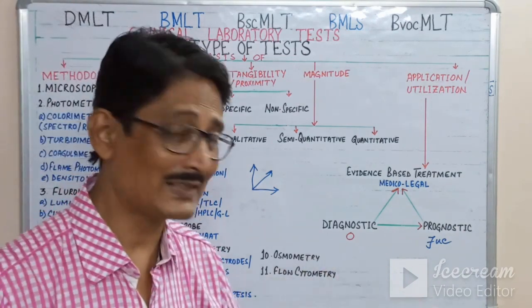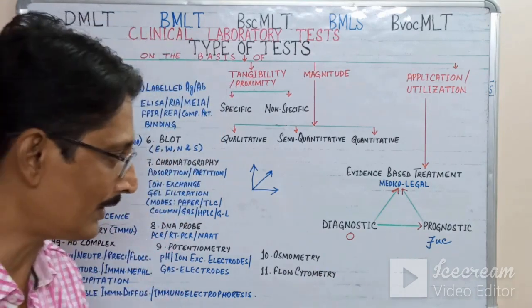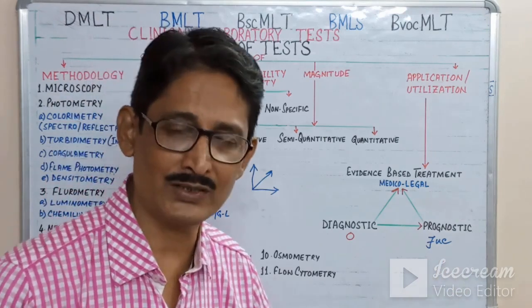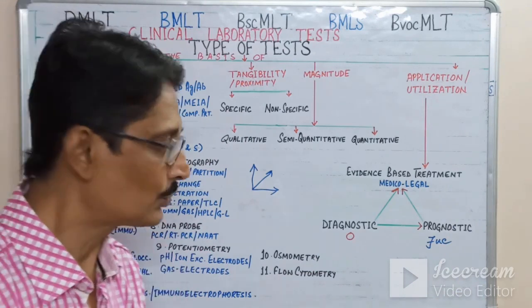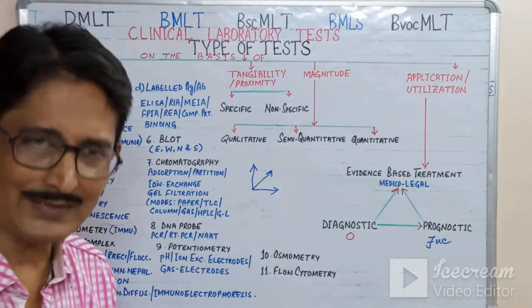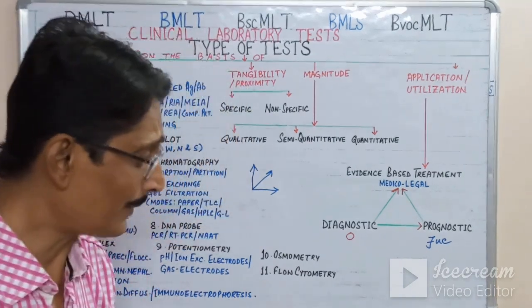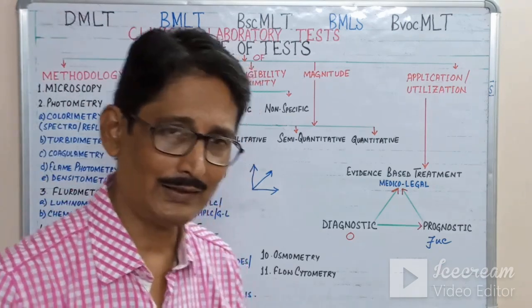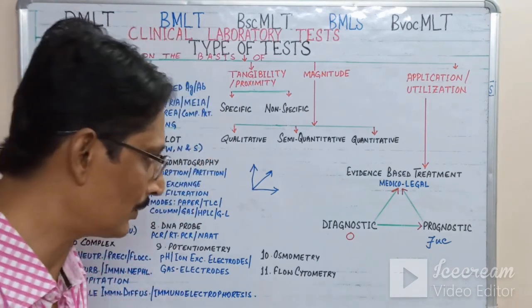When such a prognostic test patient comes to your laboratory, in the prescription there is the word FUC, which stands for follow-up case. So you can easily understand that the patient is already diagnosed, and this time the tests are for follow-up purposes.